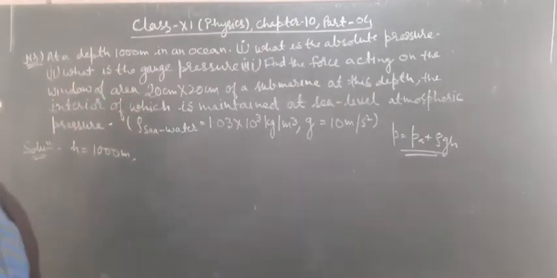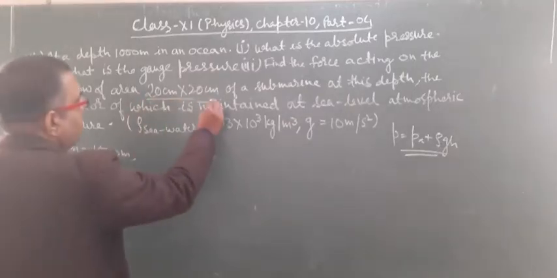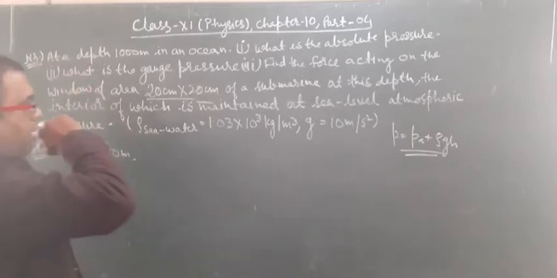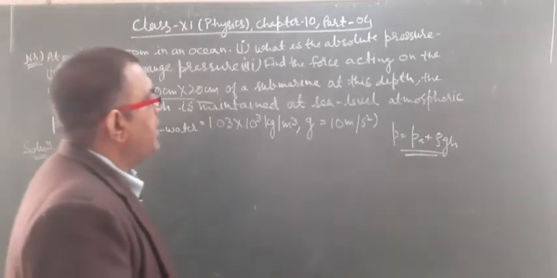So first of all you have to calculate the value of P. Then you have to calculate gauge pressure, and after that find the force acting on the window of area 20 centimeter into 20 centimeter of a submarine at this depth.